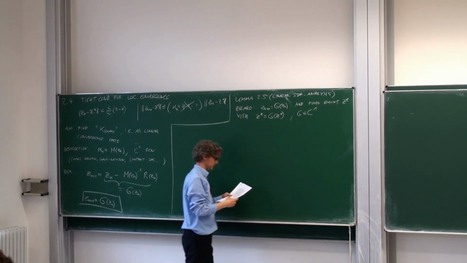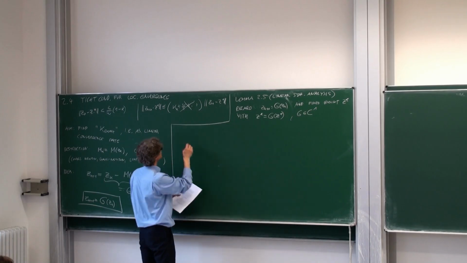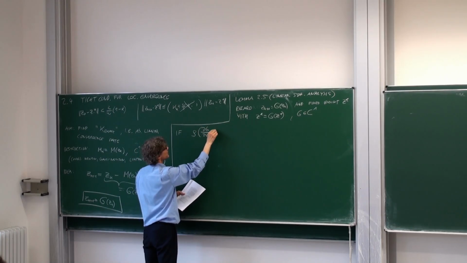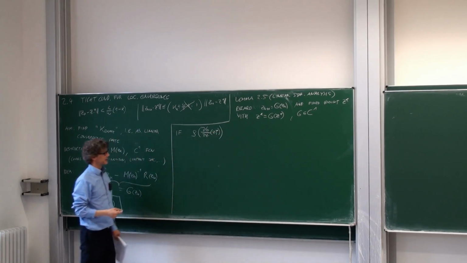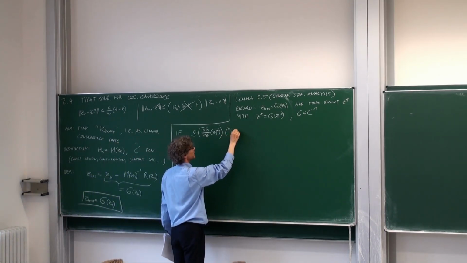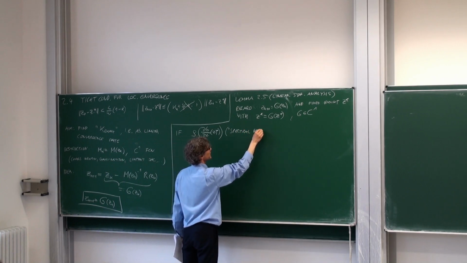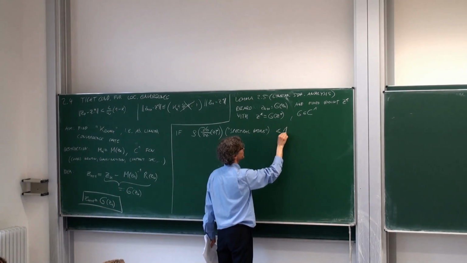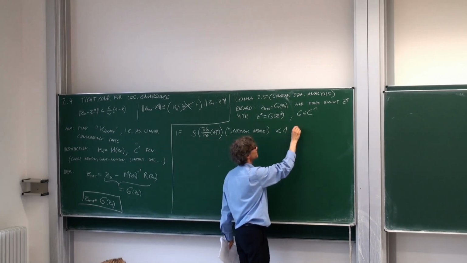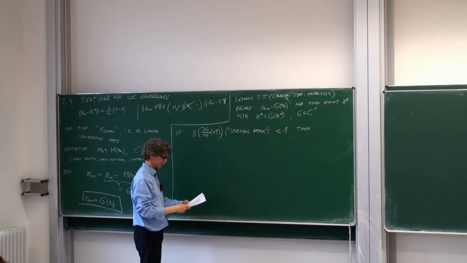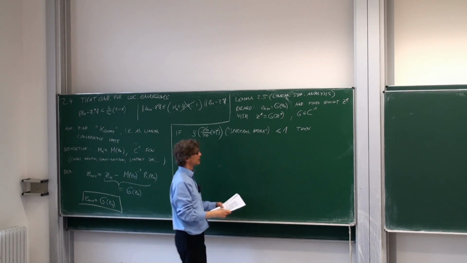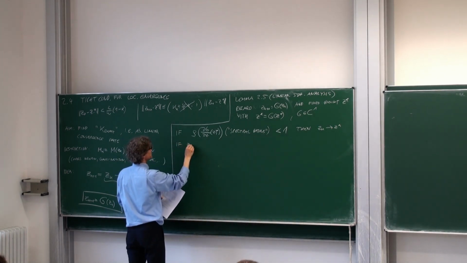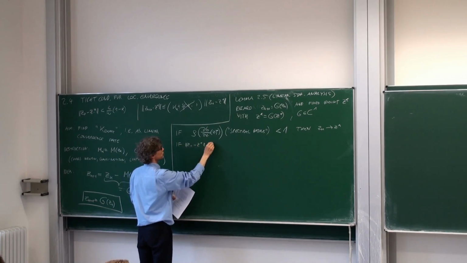Now we can say, if the spectral radius of the Jacobian of this function G at the fixed point, so if all the eigenvalues, the modulus of the eigenvalues, if the spectral radius of this Jacobian is smaller than 1, then z_k converges to z star if z_0 minus z star is small enough.